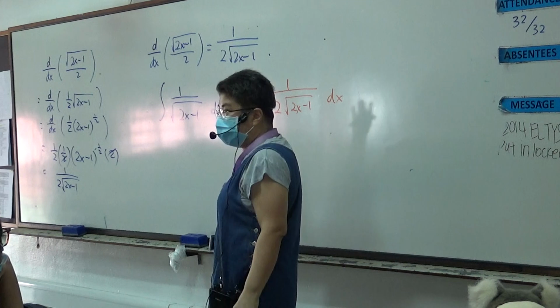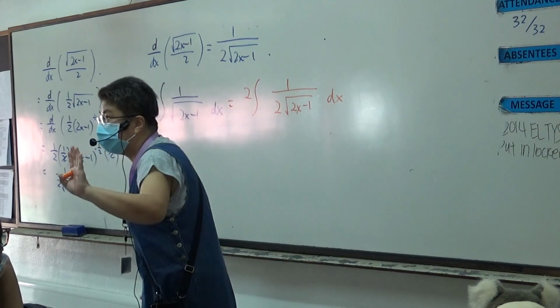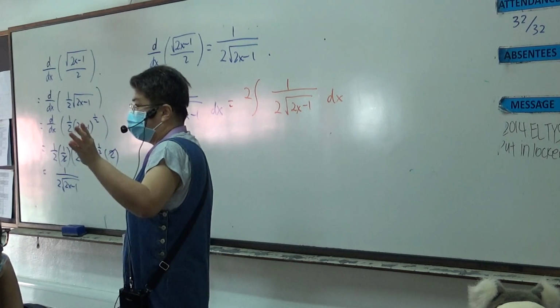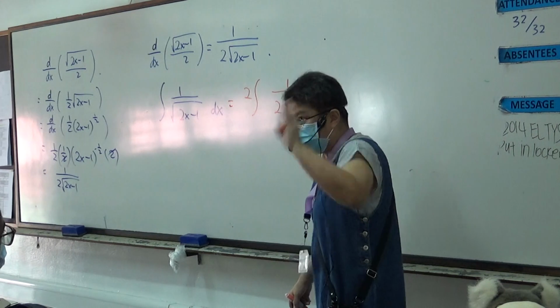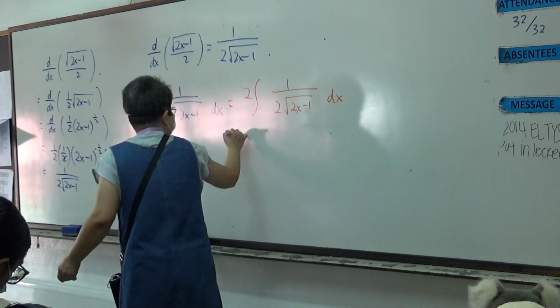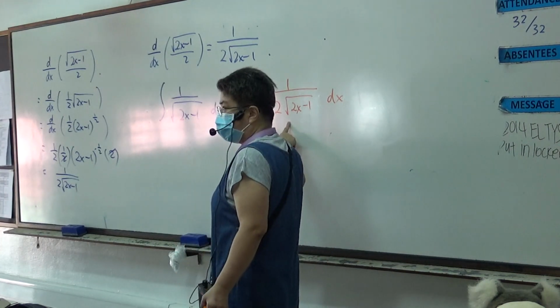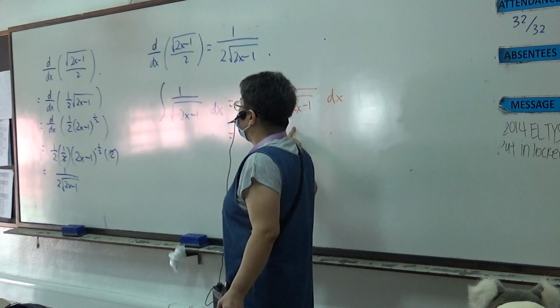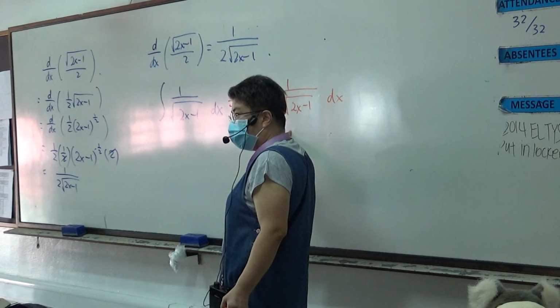Now, you can only multiply by a number, you cannot multiply by x. Only a constant. Understand? A lot of people make the mistake. They multiply by x, multiply by x squared, which is wrong. You can only multiply by a constant. So, do you agree that this is equivalent to 2 times the integration of this, right? Everybody okay?